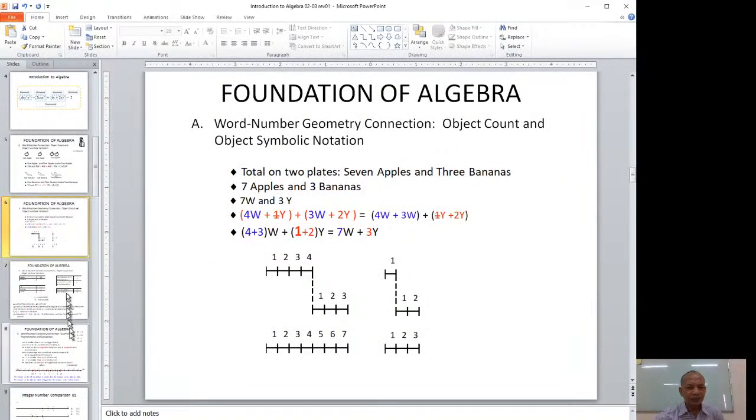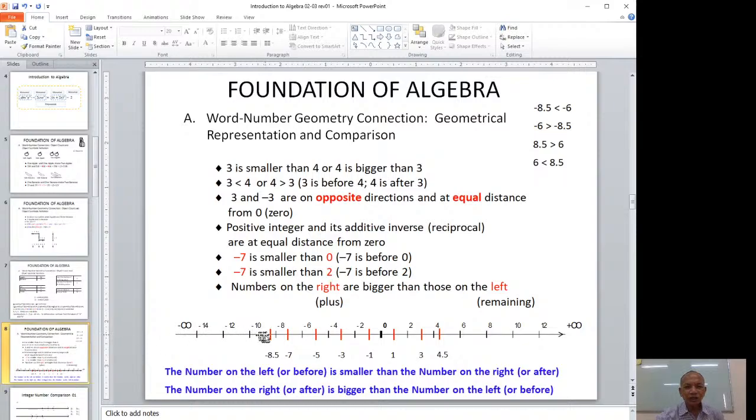Like this. So now we show that in actuality the whole number line represents real numbers, from minus infinity to plus infinity.